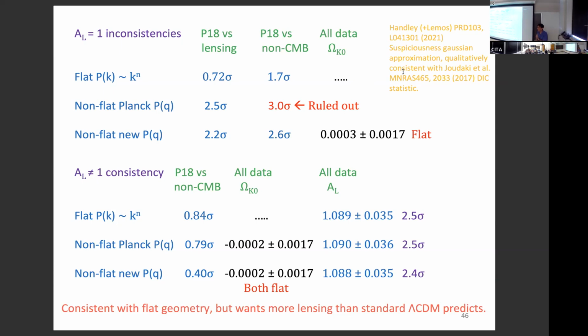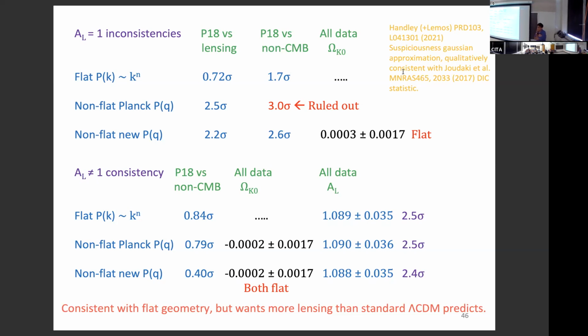Yeah, we're letting AL float. So in the top, we're just doing standard lambda CDM. The model here is 6 free parameters, just like in the Planck paper. So this is exactly the Planck results. They didn't do the same amount of non-CMB, but this is just the Planck analysis, which we redid.